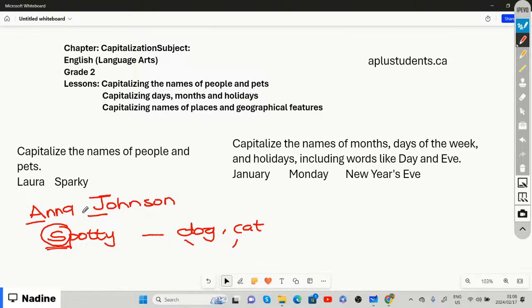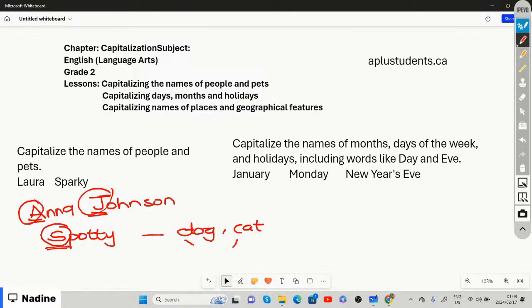So names of people, we capitalize, whether they have three names or four names. And we capitalize names of pets. Especially names of people need to be capitalized. Remember, some people even take offense if you don't capitalize their name.